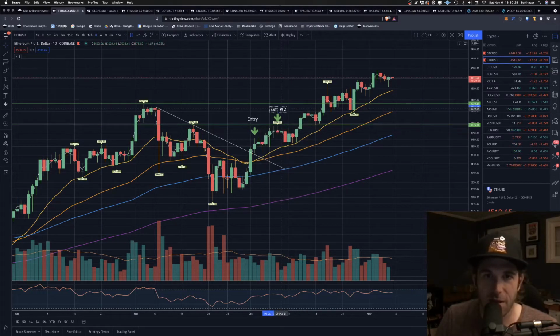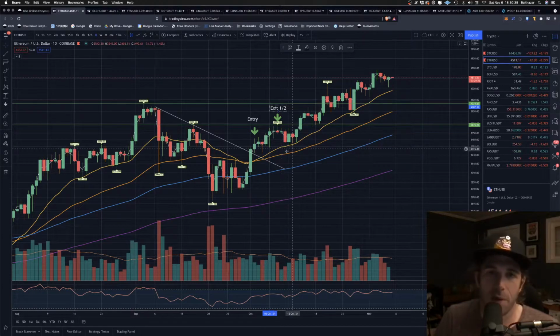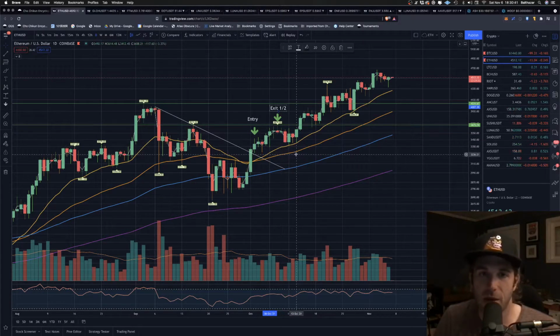If I exit half here, then at that point, maybe I'm feeling good about my profit. I'm in profit here. So maybe at that point, I want to decide what would make me exit my position. So one possibility is I could basically just exit if we hit my break even point.